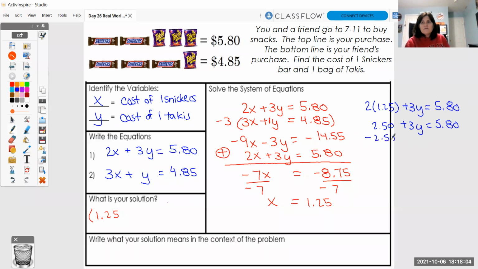Now I'm going to subtract 250 from both sides. 3y equals, again, I'm using my calculator for every step just to avoid as many calculation errors as possible. Remember, with decimals, you have to line them up. And now I'm going to divide by 3. And so y equals 1.1.